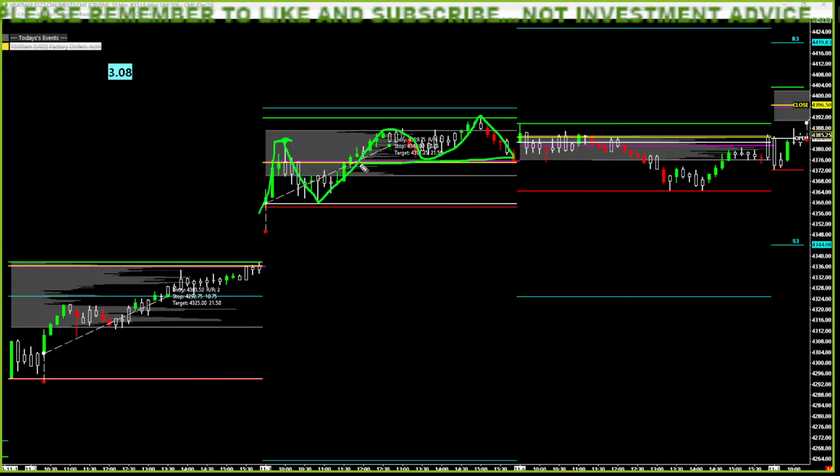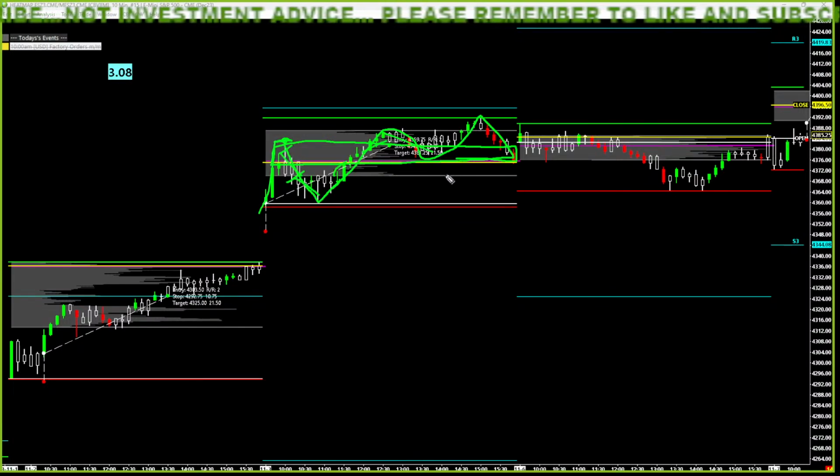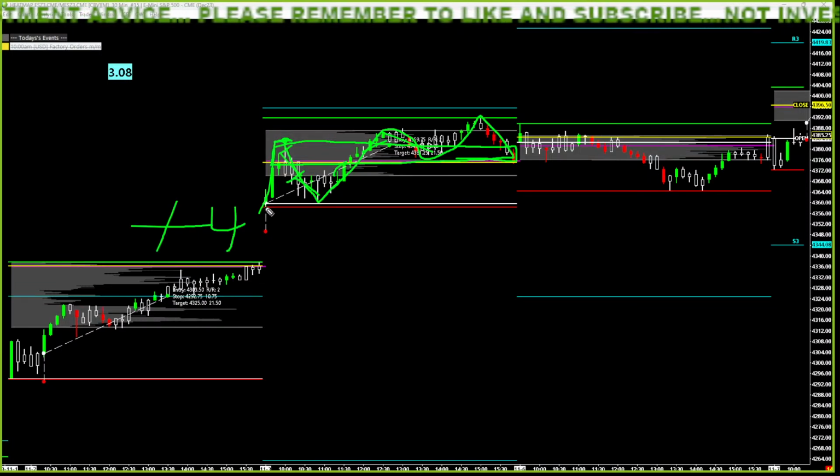Even if you got filled on that top tick, it would have been a loss, right? But had you been in and out, in and out, trying to get short on a day where this is a +4, no, we don't want to get short.